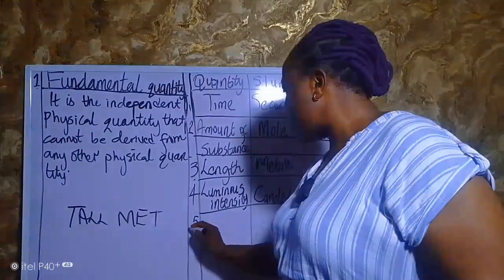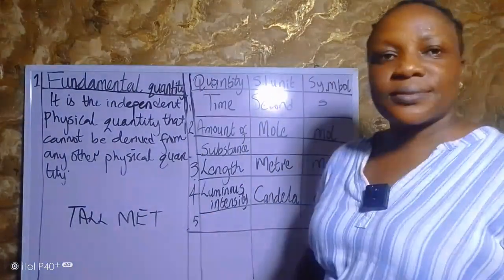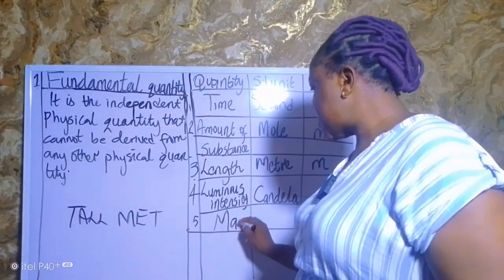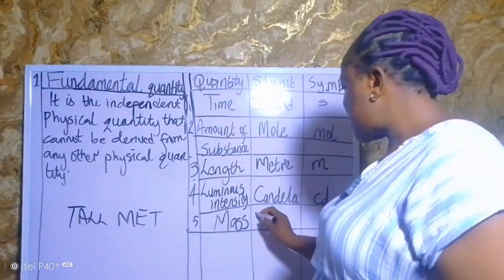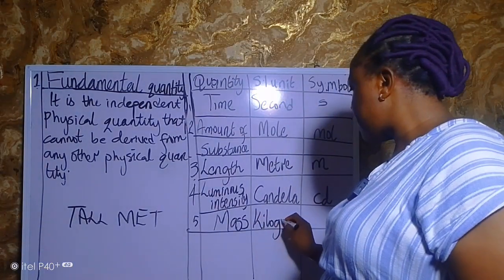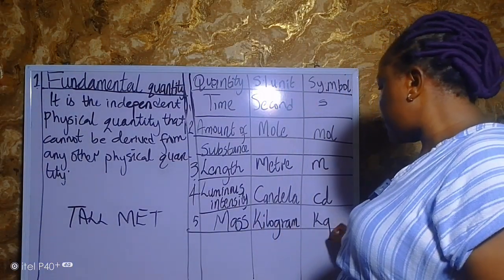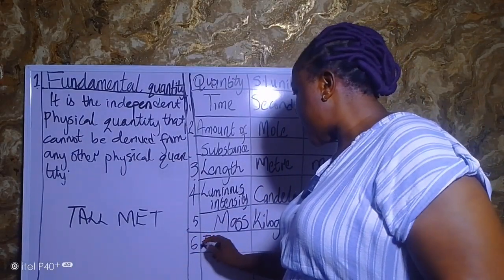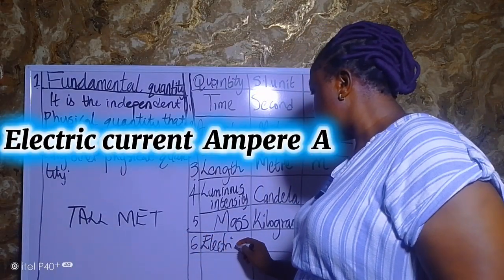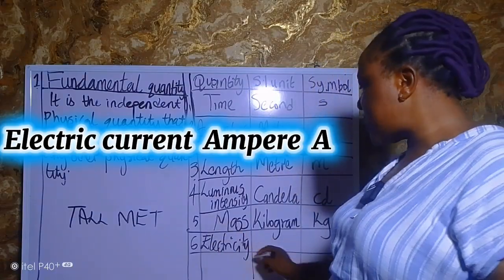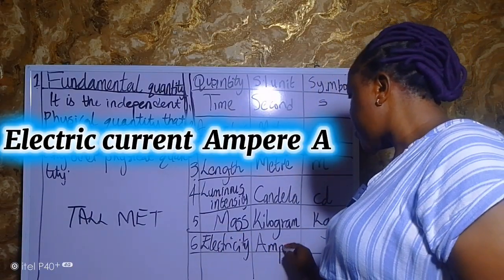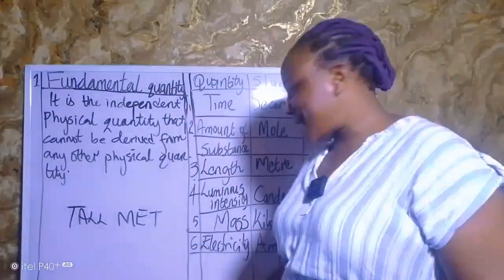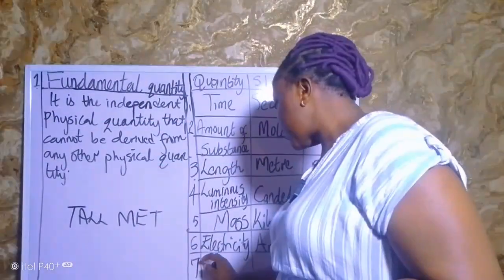So we now come to the fifth one. We have our M. Our M is mass, and the unit given to it is kilogram, which is our kg. Now look at the sixth one. The sixth one is our E, electricity. The unit given to it is ampere, which is our A. And this is our temperature.